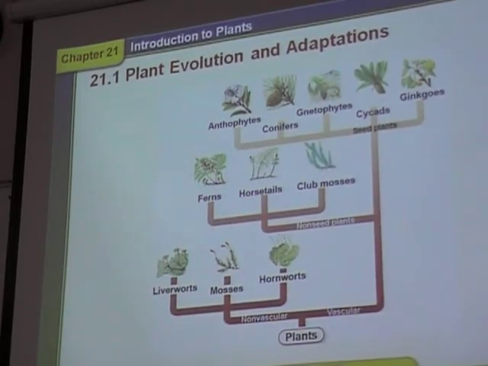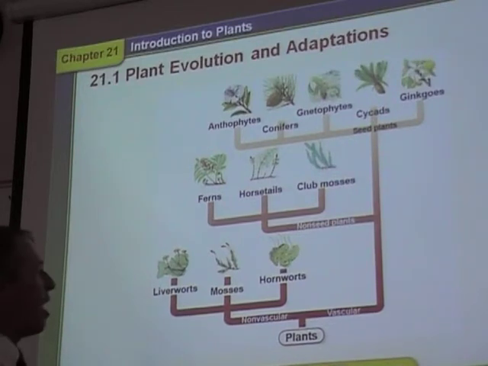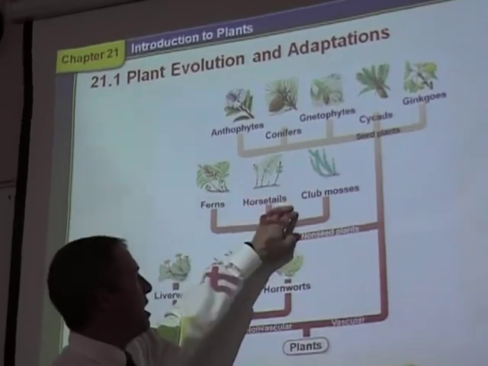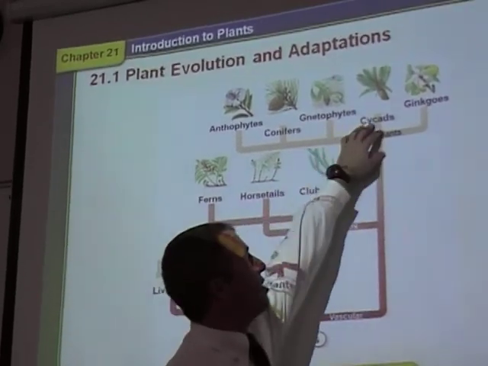The essay for chapter 20 and 21 is: describe the detailed characteristics of nutrition and reproduction of fungi, and then describe characteristics and examples of a phylum of non-vascular, seedless vascular, and vascular seed plants. Non-vascular, seedless vascular, and vascular seed.